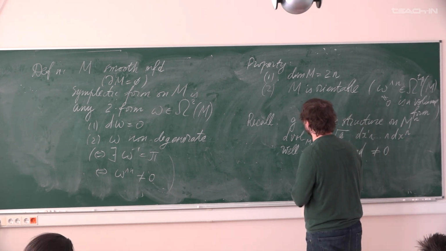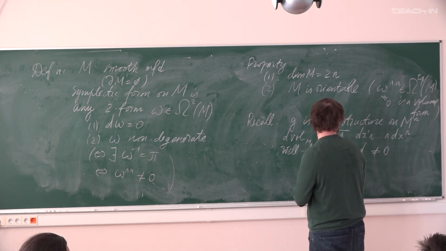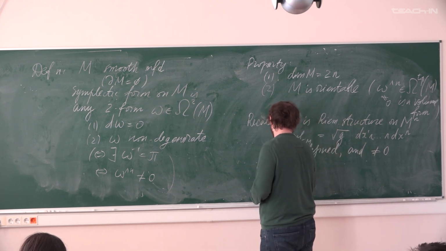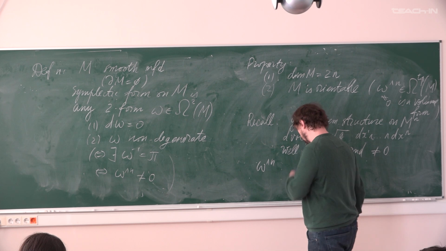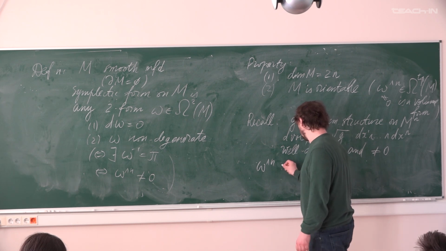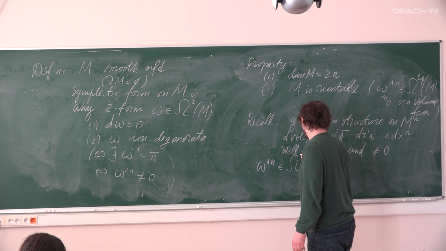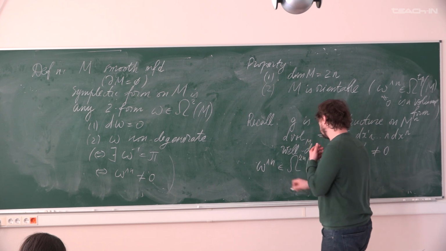Here is another example of natural volume forms. When you take the top degree power of the symplectic form, you get an element in Omega^2n of M, and it is nowhere zero.